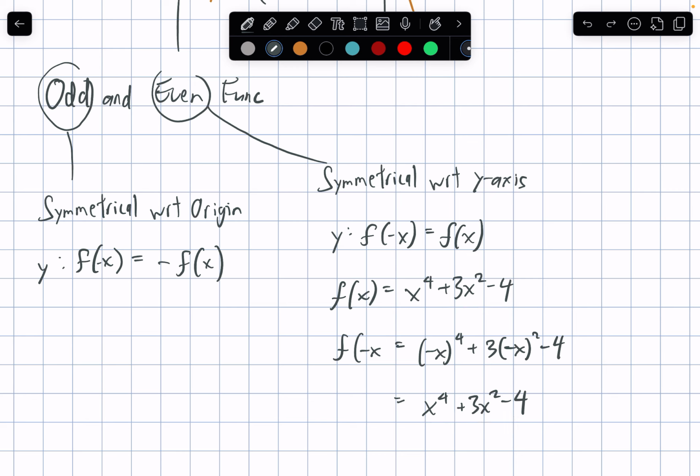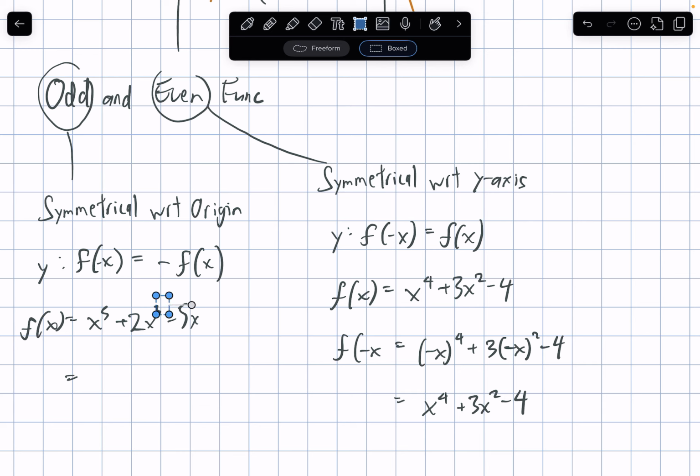What's an example for an odd function? Let's say f of x is equal to x raised to 5 plus 2x cubed minus 5x. How do you know if a function is odd or even? You see it, I believe, by the degree of the polynomial.